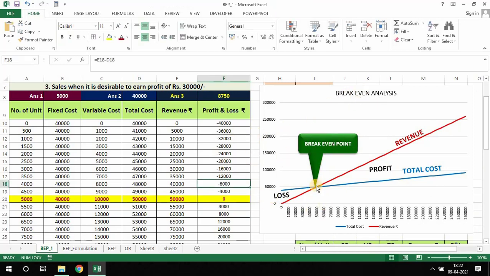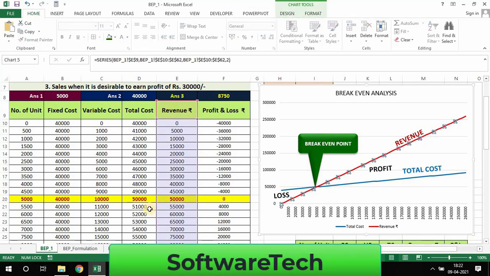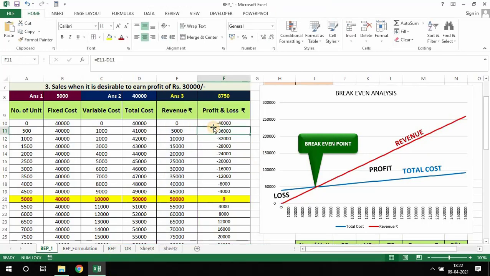Check here: the revenue point is 50,000 and total cost is 50,000. This is called the break-even point. So that's it. This is a basic calculation and basic chart drawing using Excel software.